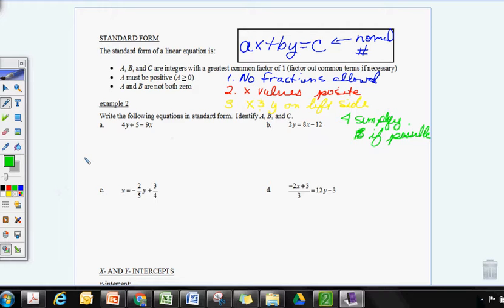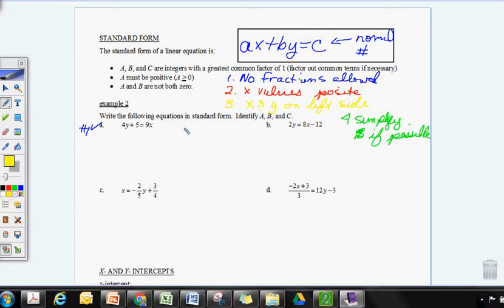So for number 1, it gives me this equation and asks me to write the following in standard form. Identify my A, my B, and my C. The first thing, no fractions allowed. Step 1, done. Step 2, x values are positive. Well, I also see step 3, x and y have got to be on the left side.